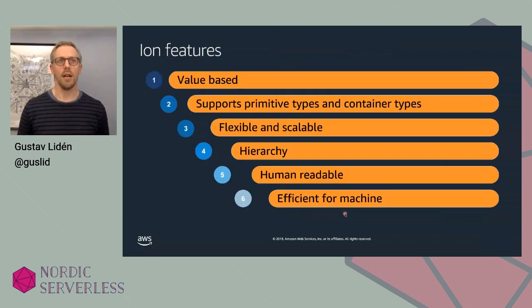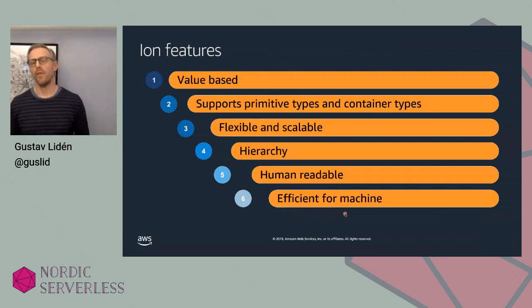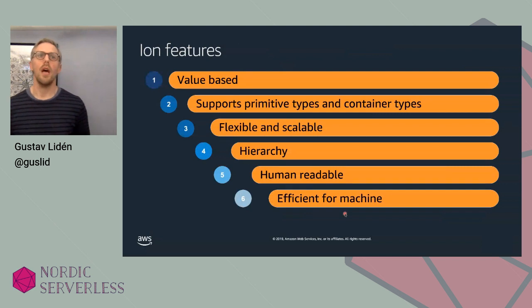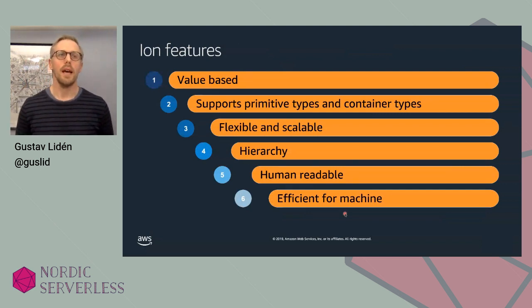Next was Ion, and this is the data format that QLDB supports. Perhaps you saw that the previous example was actually Ion. It looks a lot like JSON. If someone was very familiar with JSON and sharp-eyed, they would have seen things that are not allowed in JSON syntax.